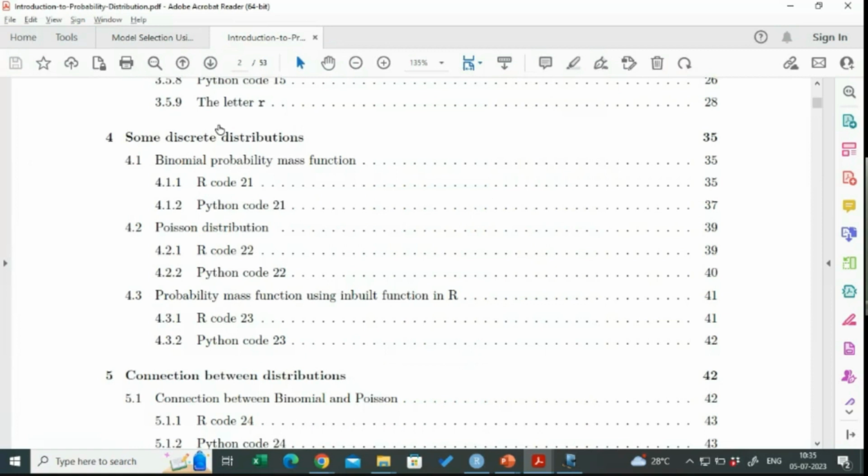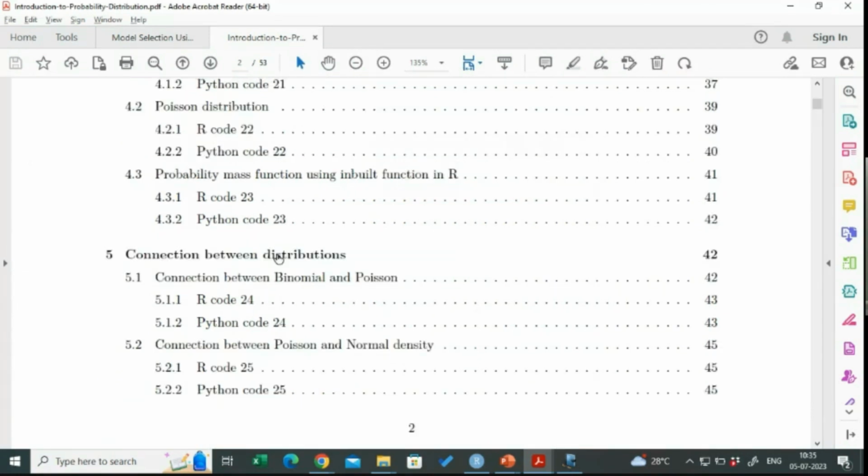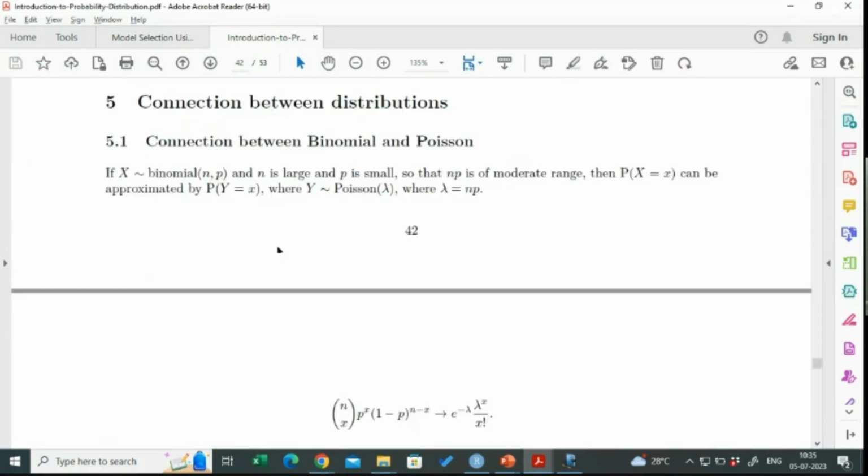Let's say for example, connections between distributions. If you click over here, it will take you here. So you can make very wonderful visualizations, because later when I studied that, we learned that for binomial distributions, those who are from a statistics background know that if n is large and p is small, then the binomial(n, p) distribution can be well approximated by a Poisson distribution.